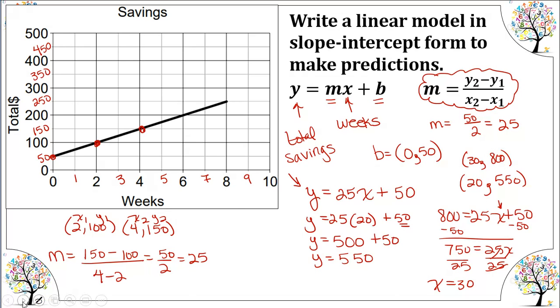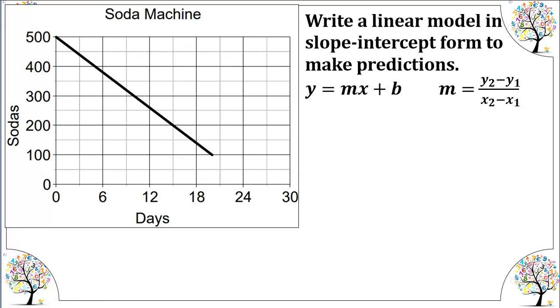Okay, let's take a look at another example. Here we have a graph, and we can see the graph is negative, so it's going to have a negative slope. It's the number of soda cans in a machine. And our x-axis represents days. So I'm going to write in those missing numbers.